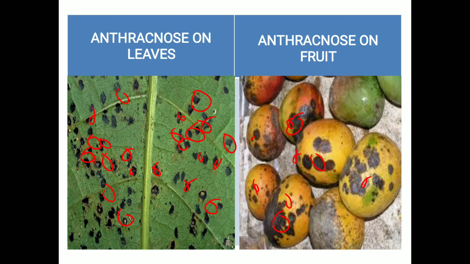When they are connected with each other, lesions are formed, and those lesions become larger and larger as the infestation spreads. This is a symptom of anthracnose, which appears on leaves and fruits. It is caused by the anthracnose fungus, and for control we use different fungicides. For example, we can use carbendazim at a rate of 0.2%.